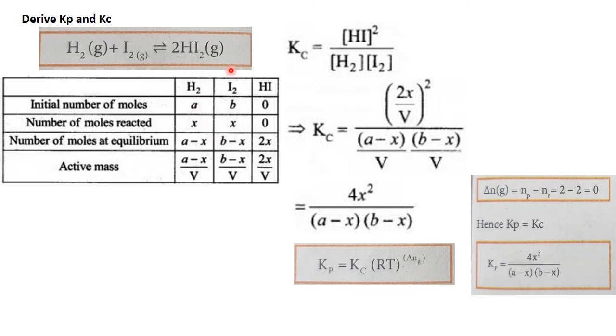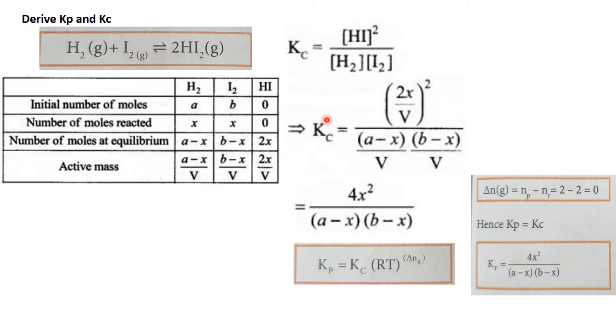So how can you write Kc for this equation? Kc is equal to product concentration divided by reactant concentration. What are the products here? Only one product, HI, the whole square. So HI power 2 divided by H2 into I2. Instead of these concentrations, we have to substitute the last column, the active mass or concentration terms.